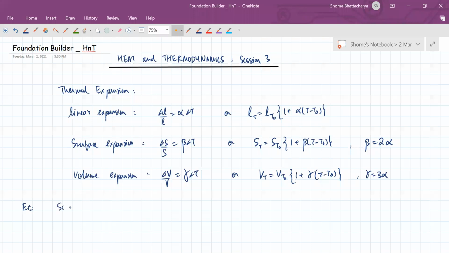So we have a solid metallic sphere of radius, some value of radius is given to us.